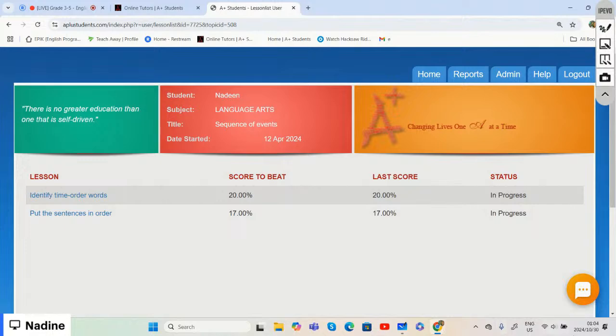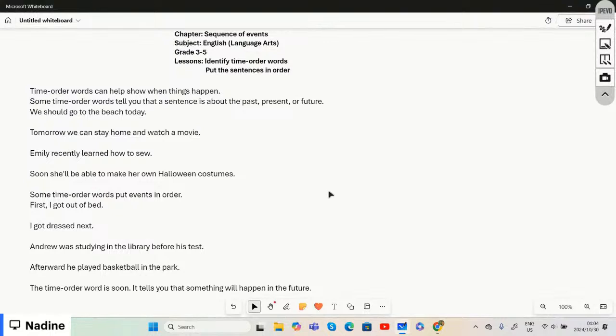All right. So our chapter is sequence of events. Our subject is English language arts. We're doing grade 3 to 5.